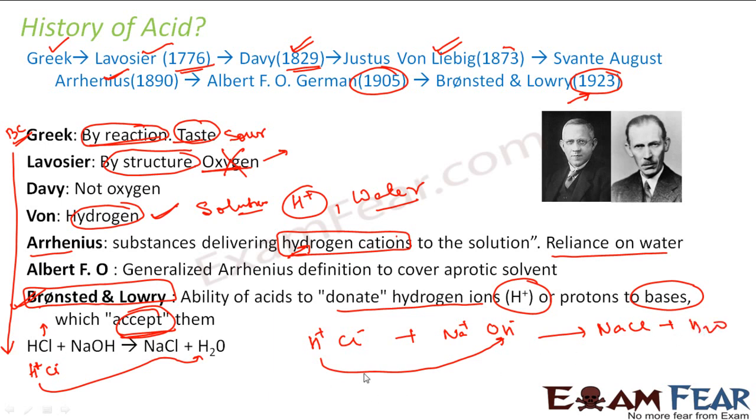So in this reaction, this hydrogen ion was given to the OH of NaOH. So HCl is an acid here. Why? Because HCl gave a hydrogen ion to this base. We'll take the definition of base also, but in this case we can focus only on acid. So anything that gives hydrogen ion, here it was H plus Cl minus, it gave this H plus and it becomes NaCl. So it donated the hydrogen ion, so it is called an acid.